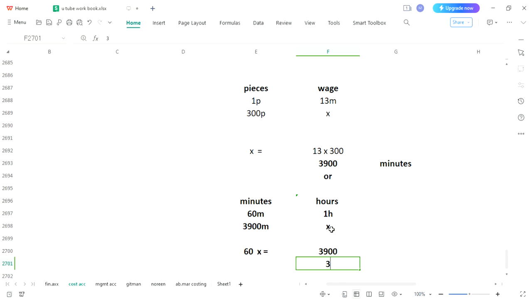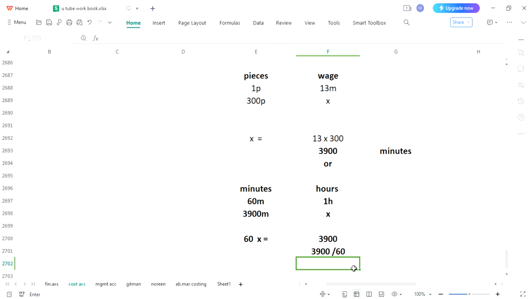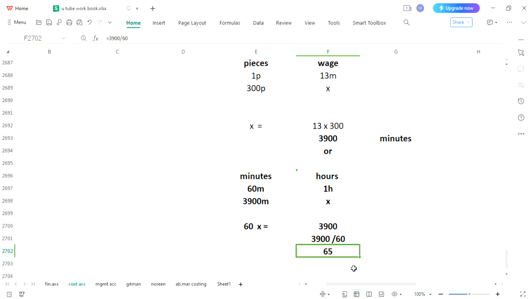You want to take this 60 to the opposite side, sign would be changed. 60 here is multiplied, you will take it to the opposite side, it would be divided. Here we can calculate 3900 divided by 60, so we have got 65 hours. These are actually standard hours.